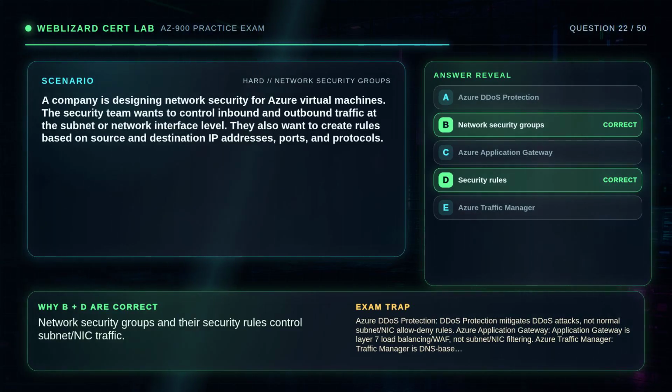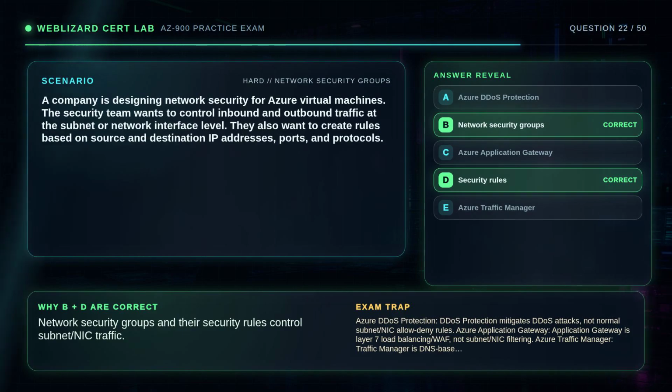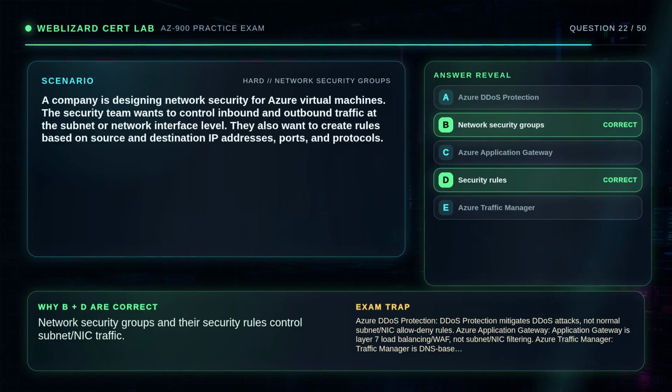Application Gateway is Layer 7 load balancing, WAF, not subnet/NIC filtering. Azure Traffic Manager. Traffic Manager is DNS-based global routing, not traffic filtering. The exam clue is control subnet or network interface traffic with rules for IP addresses, ports, and protocols.